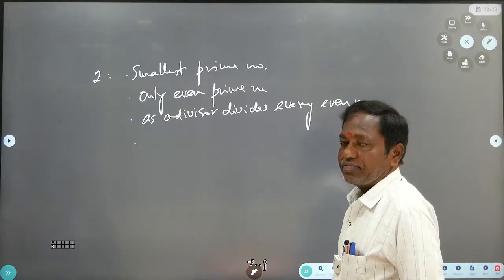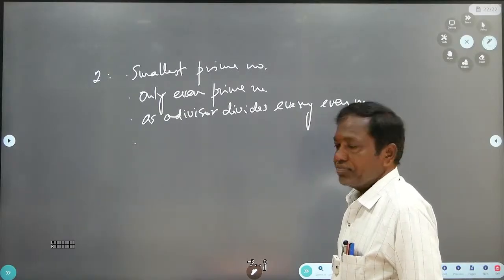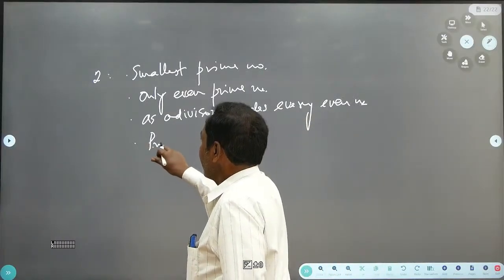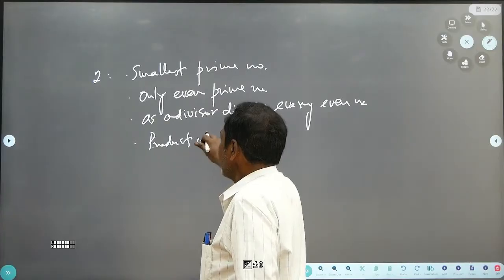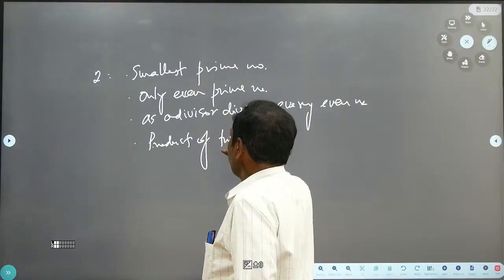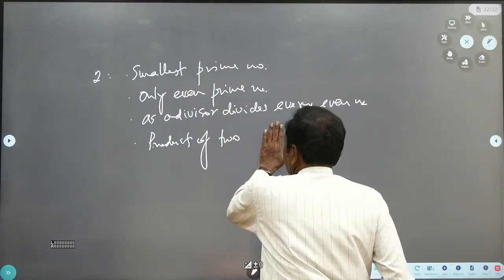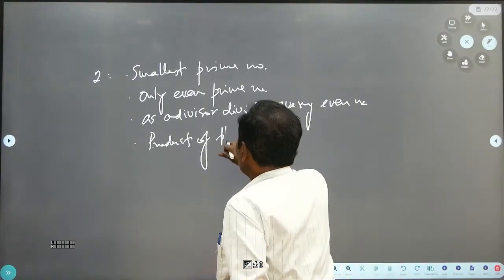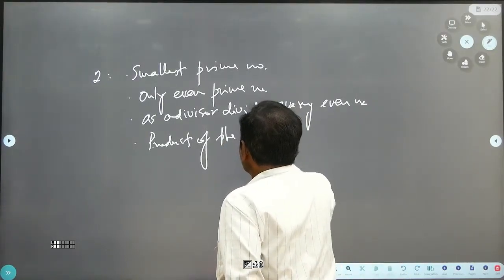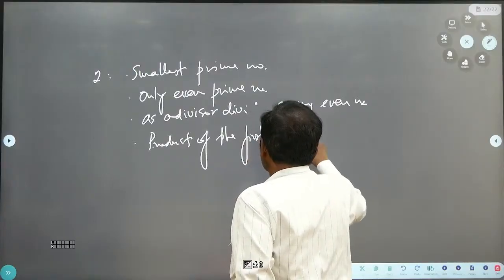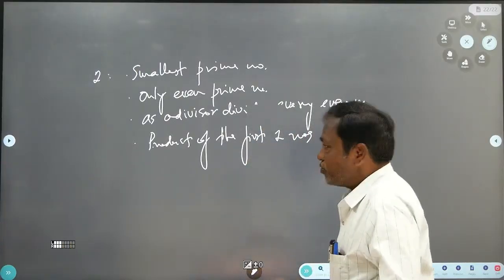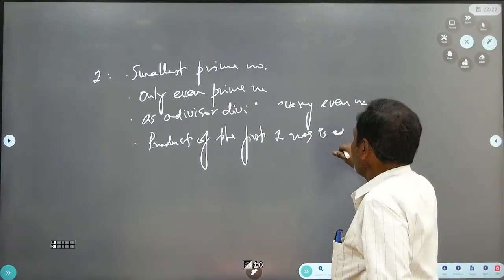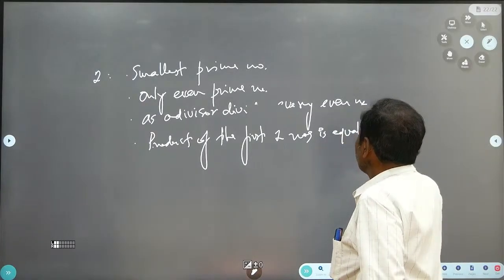Any other thing? Like the product of the first two numbers is equal to 2 only.